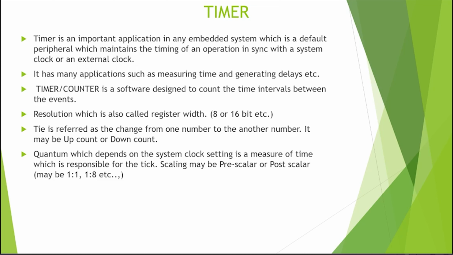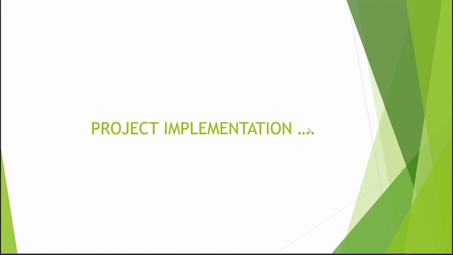Resolution, which is also called register width, refers to the change from one number to another number. It may be up count or down count. Quantum, which depends on the system clock setting, is a measure of time which is responsible for the tick. Scaling may be pre-scaler and post-scaler.